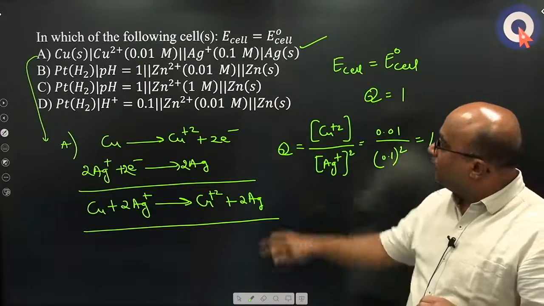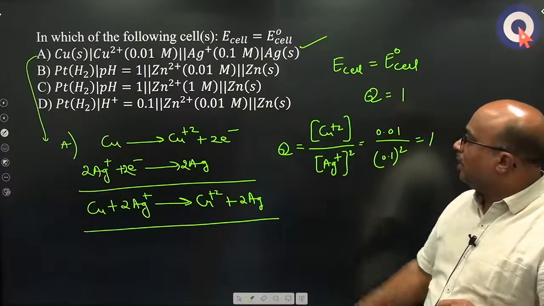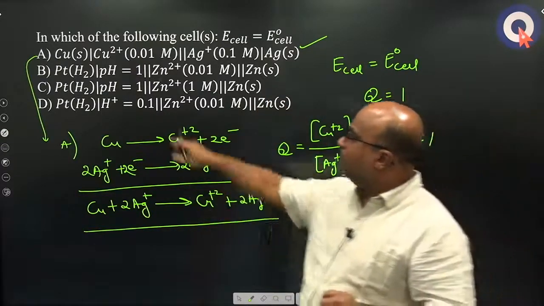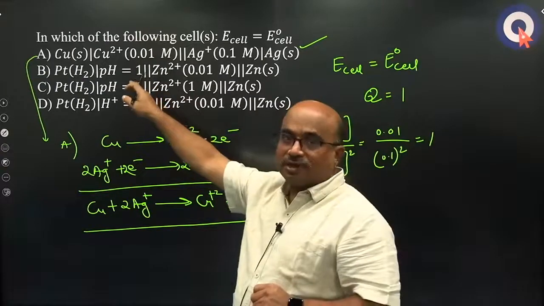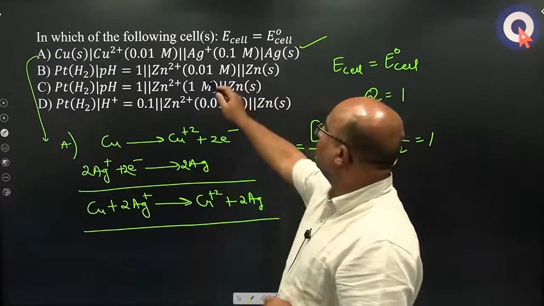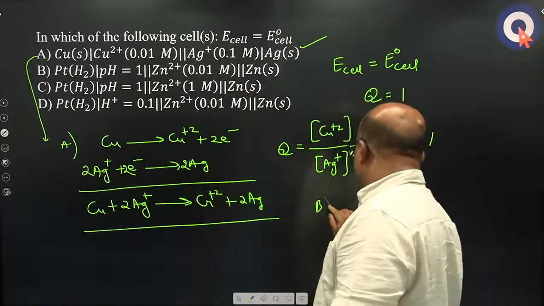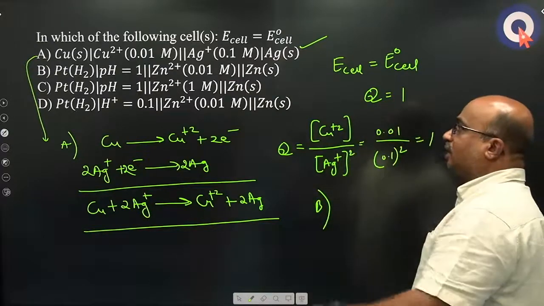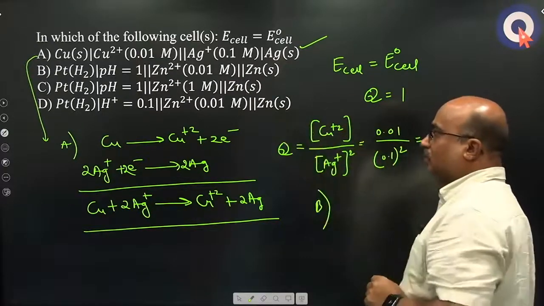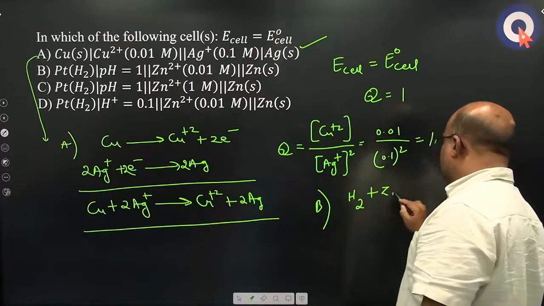Next, platinum H2 giving, pH is equal to 1. Then zinc. pH 1, so H plus concentration is 10 to the power of minus 1, and zinc ion concentration is 0.01. What is the cell reaction in B? I write directly: 2H plus plus Zn giving H2 plus Zn plus 2.